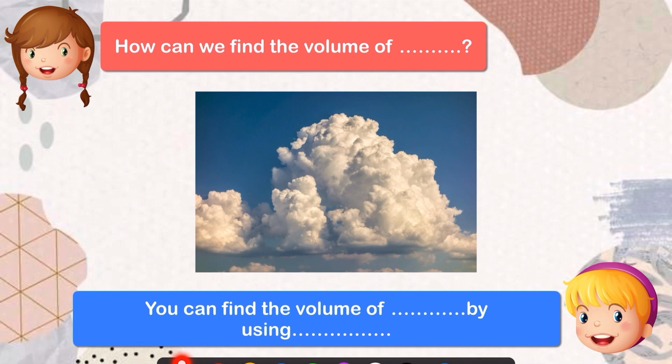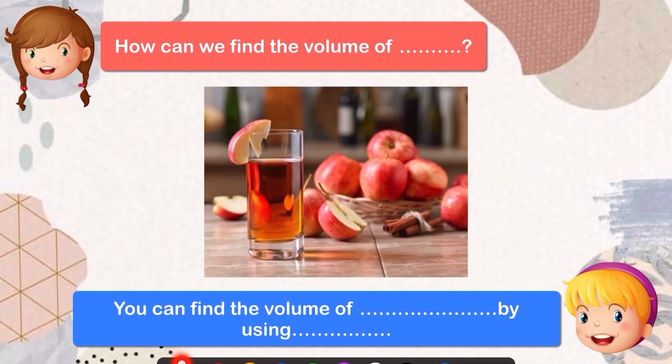Air is gas, right? So, you can find the volume of air by using a syringe. What about apple juice? Apple juice is liquid, so you can find its volume by using a cylinder.